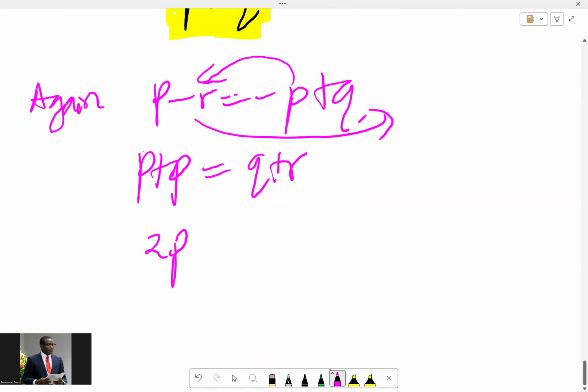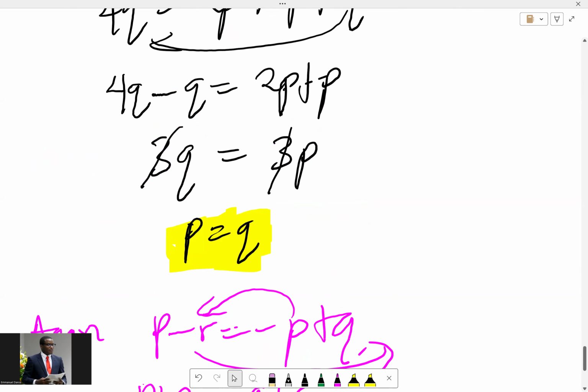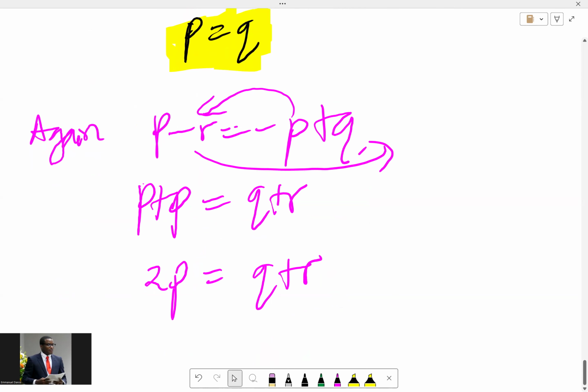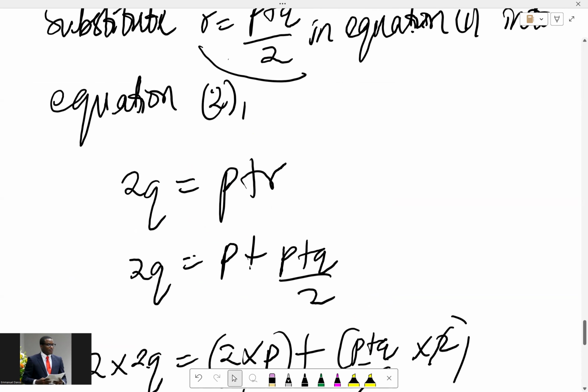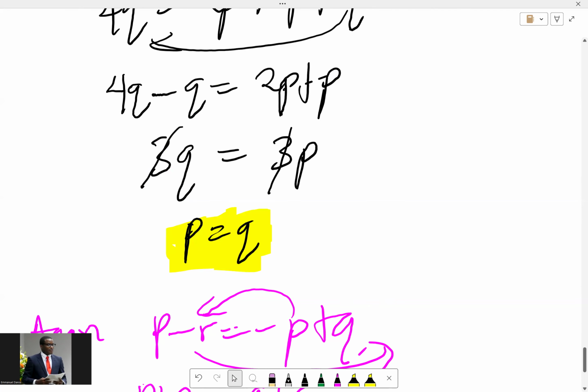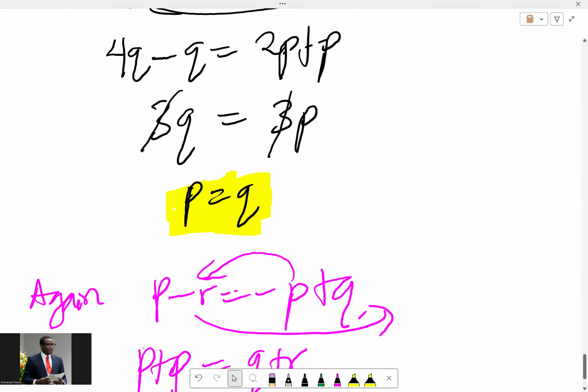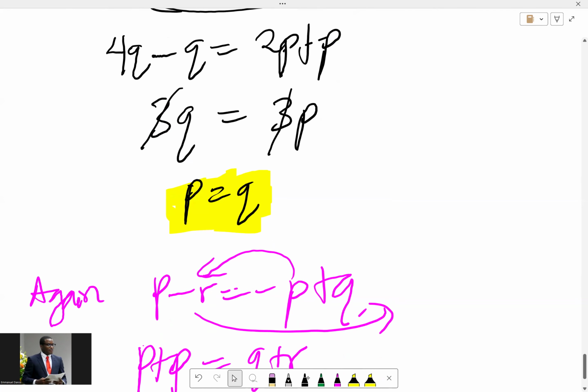So we have 2P equals Q plus R. But interestingly, we already know that P is equal to Q. I guess we can call this equation 3.